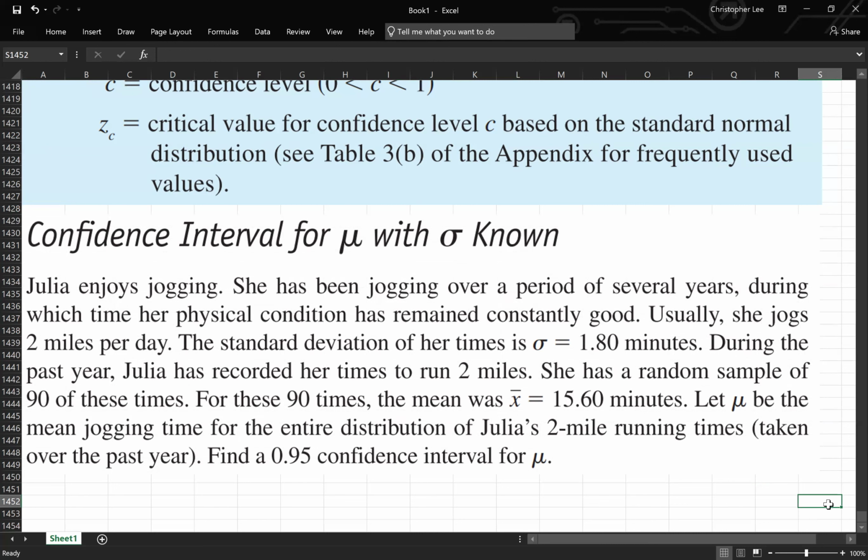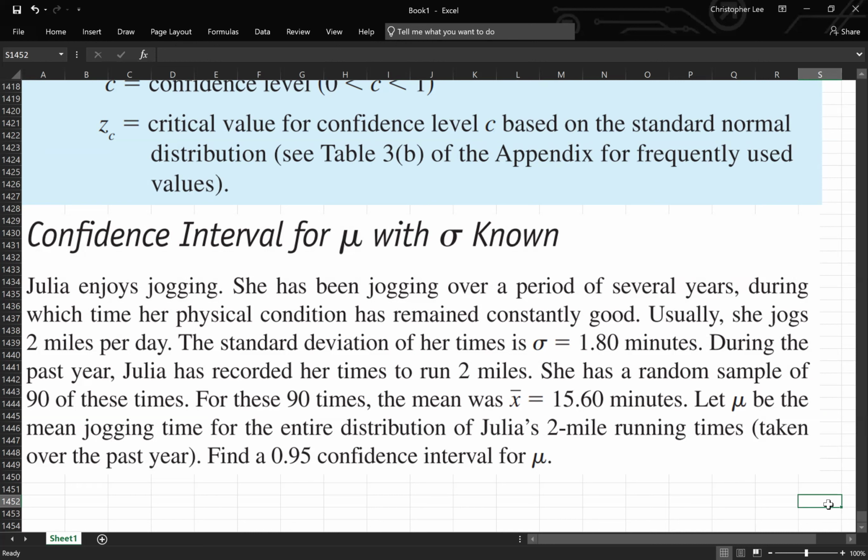So Julia enjoys jogging. She has been jogging over a period of several years, during which time her physical condition has remained constantly good. Usually she jogs about 2 miles per day, and the standard deviation of her times is sigma equal to 1.880 minutes. During the past year, Julia has recorded her times to run 2 miles. She has a random sample of 90 of those times.